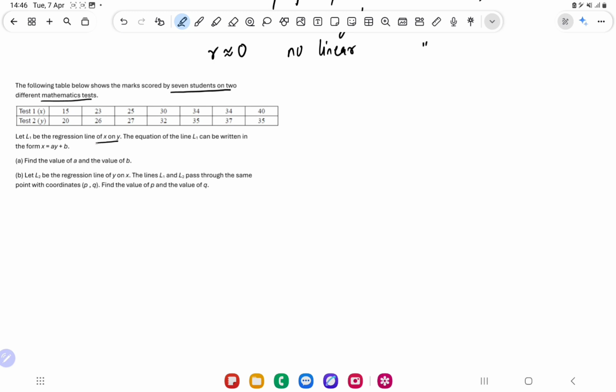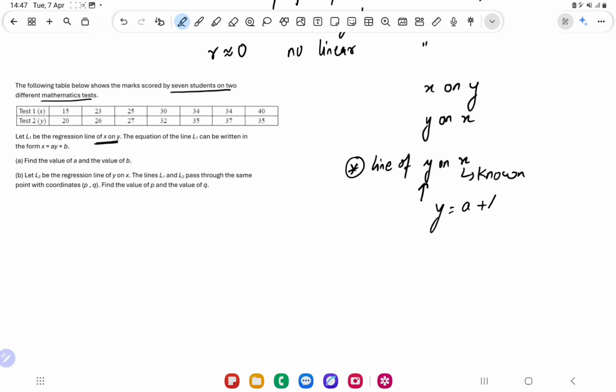You have to be very careful when we are talking about x on y or y on x. Whenever I am talking about the line of y on x, it is used to predict the value of y when my x value is known to me. So the equation will be y = a + bx.